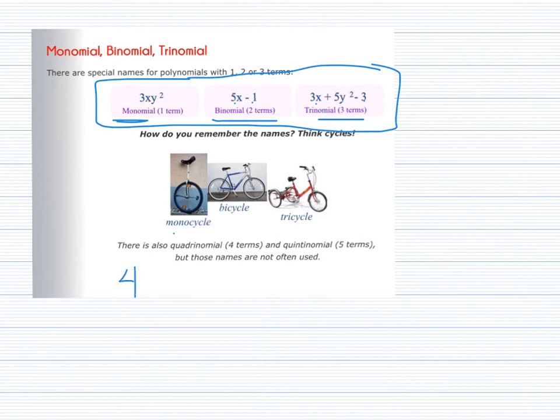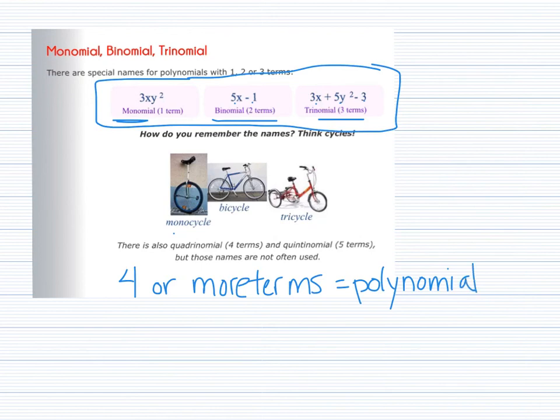Really, if it's 4 or more terms, it's a polynomial. We don't use a special name. They all, by the way, are polynomials. It's just that these three have special names. If it's 4 or more, we just call it a polynomial and not a special name.